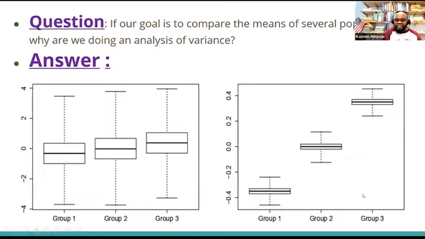But looking at this one now, the difference is very much pronounced. This is not one that we can attribute to chance. This is a genuine difference. The difference here is significant. That's what I mean. So the box plot is also passing across information.